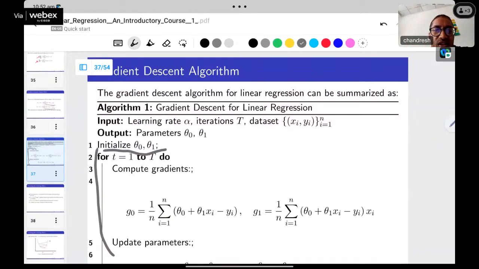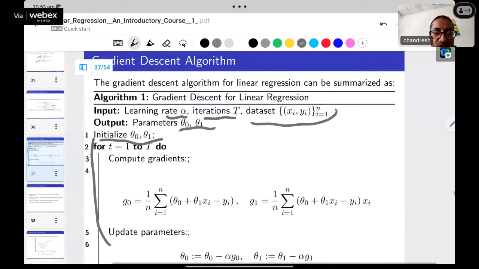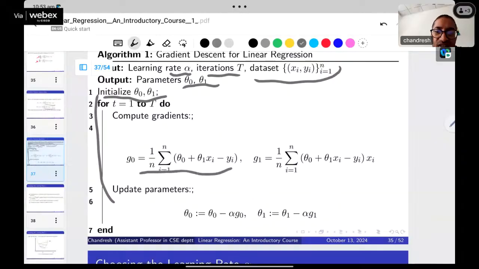We are given some initial learning rate alpha and how many iterations you want to go through the data, and these are the data. The output of this algorithm would be the updated values of theta 0 and theta 1. We compute the gradient like we just did, and we use this update equation to update the parameters.